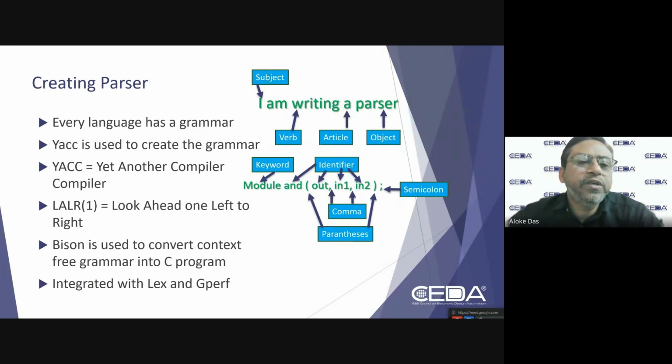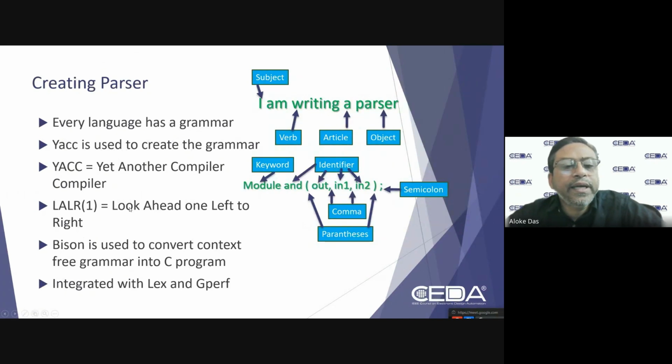Yacc means we refer to Bison. The full form of Yacc is Yet Another Compiler Compiler. So this is a language to build another language, a compiler which builds another compiler. Yacc is that kind of language.